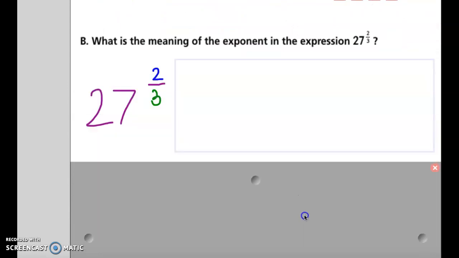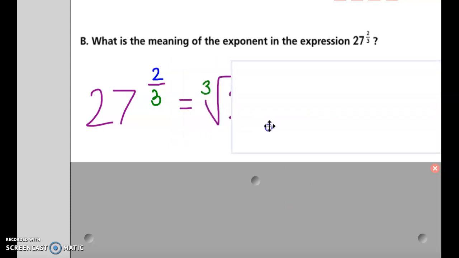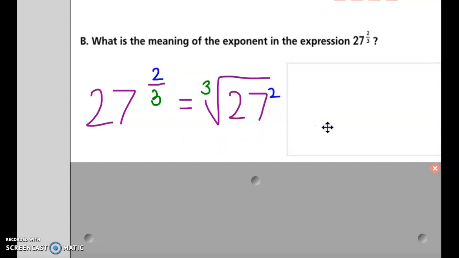27 to the 2/3. As soon as I see a fraction in my exponent, I don't like it. That's like horrible for my eyes. I want to rewrite it using a radical. I take my denominator and make it my index, and I take my numerator and make it the exponent. And then I work with the radical first. So I just do this, right?